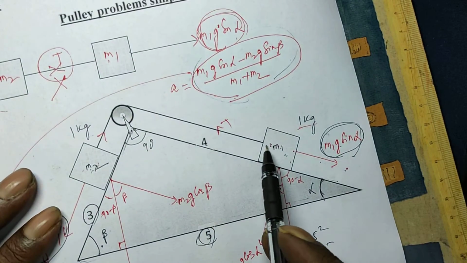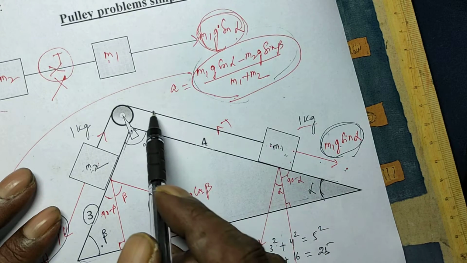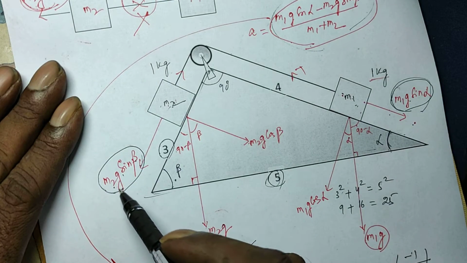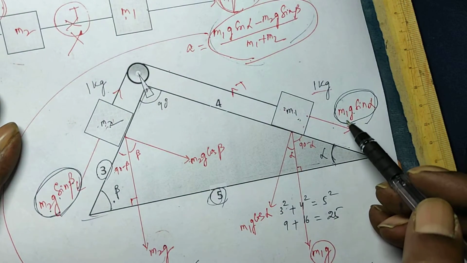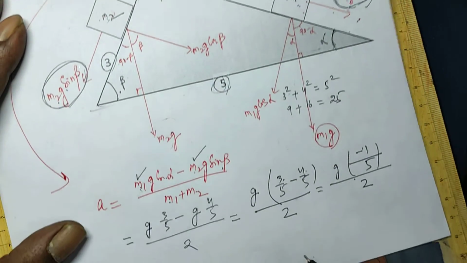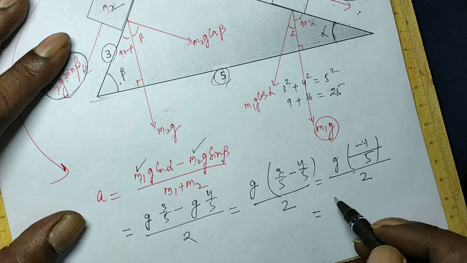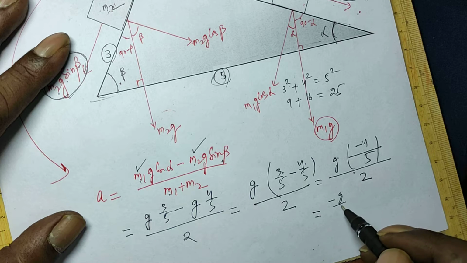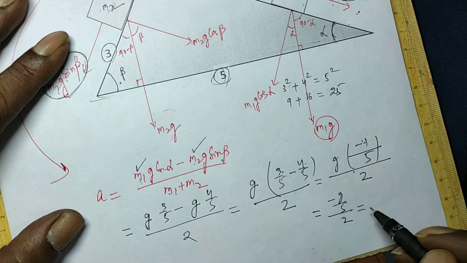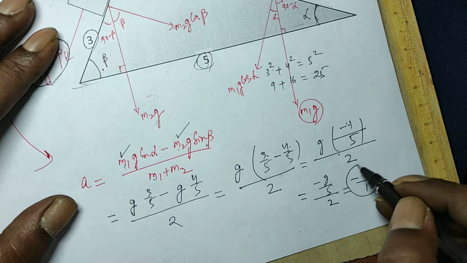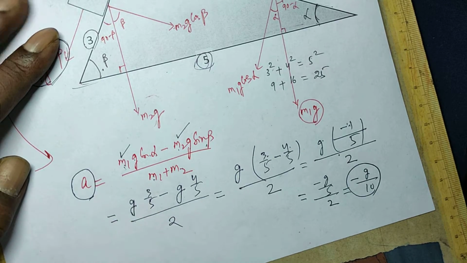Therefore, this M1 is not coming down, it is moving up. Rather, M2 is coming down, which means the value of M2 g sin beta is more than the value of M1 g sin alpha. So here you get minus g over 5 whole over 2, that is equal to minus g over 10 is your acceleration.